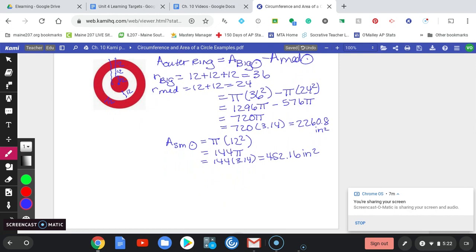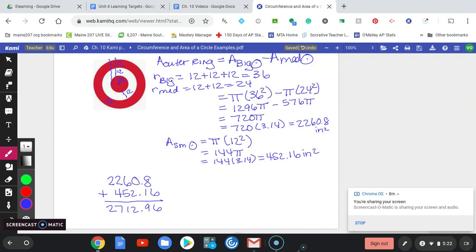All right, so what's the total area that we're going to be painting? Well, we're going to be painting 2,260.8, and then we're going to add on the bullseye, which is 452.16. And that gives us 2,712.96.